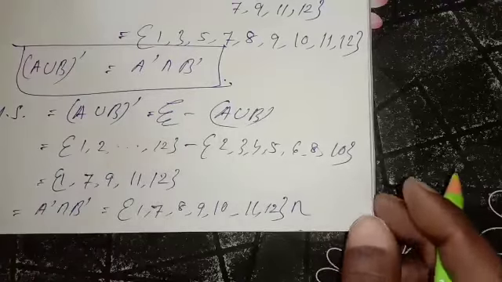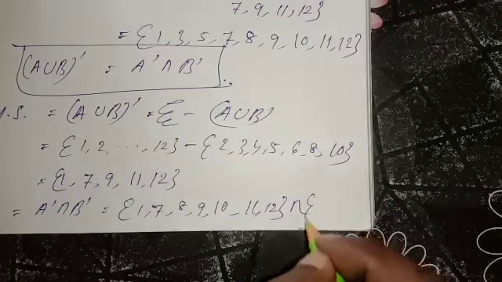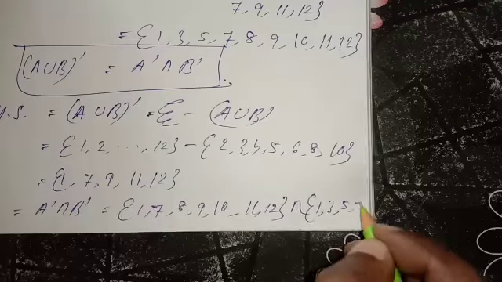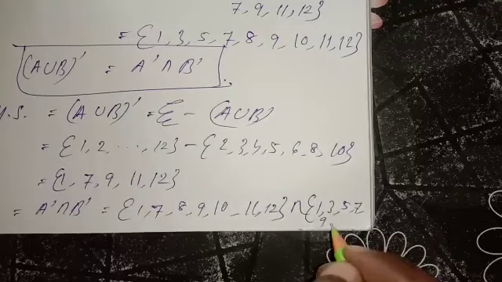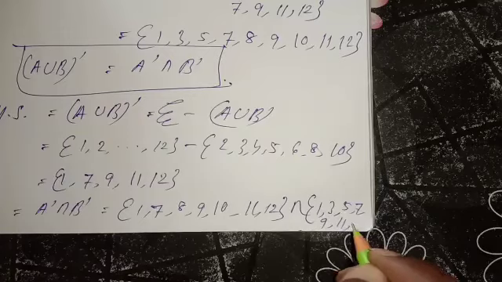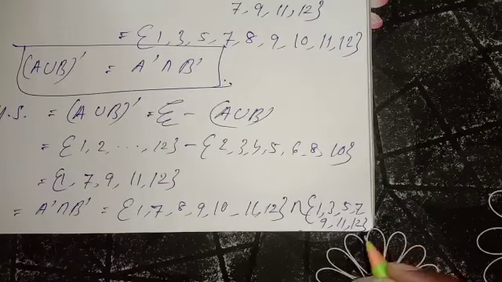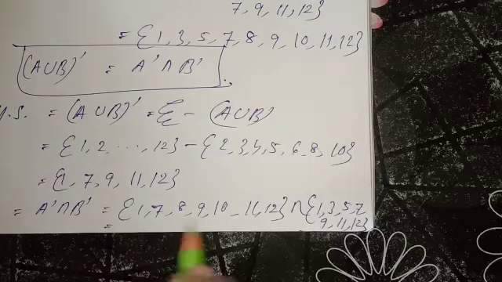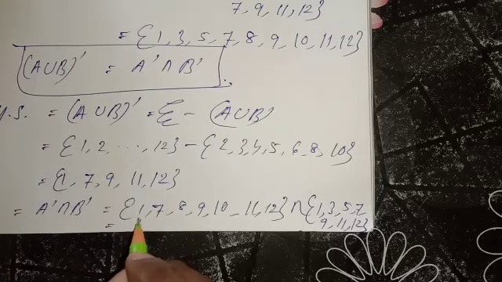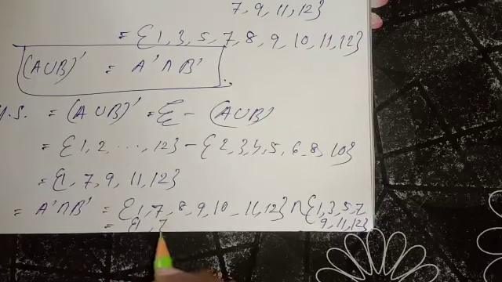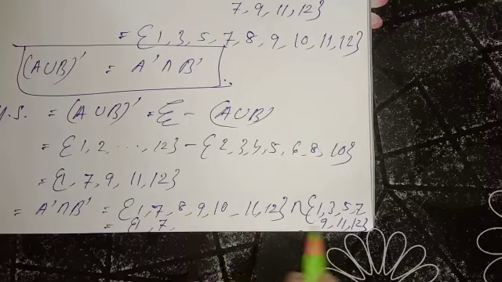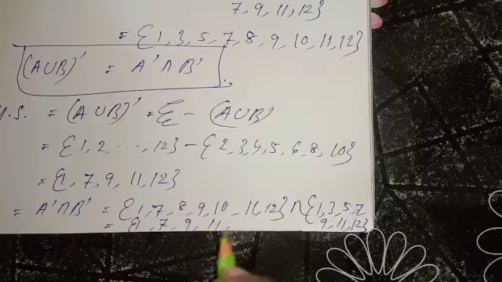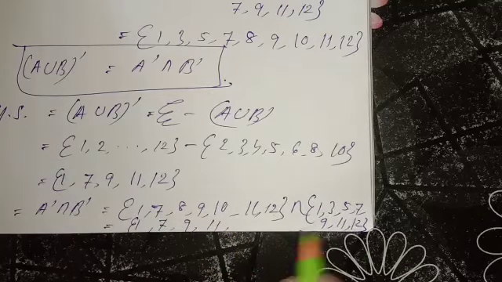B complement is 1, 3, 5, 7, 9, 11 and 12. Now see, what are the common things here? 1 common, and 7 common. Next, 9 is common, 11 common, and one more, 12 also common.